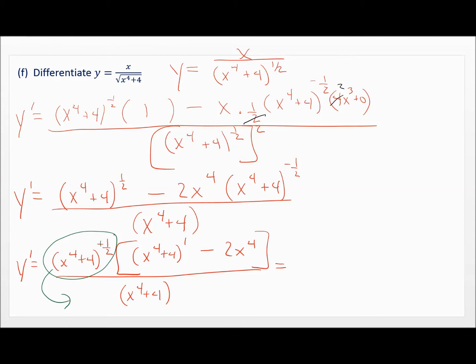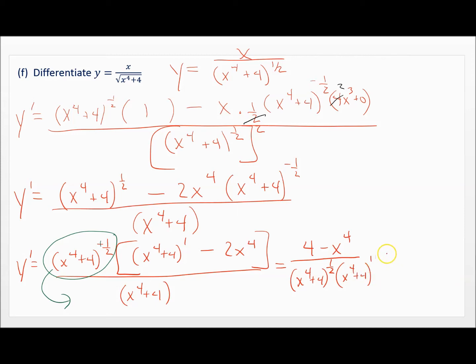Now in the numerator, check this out. I've got an x to the 4th minus a 2x to the 4th. So in the numerator, I have 4 minus x to the 4th. Do you agree? Because this 4 is still there. And then x to the 4th minus 2x to the 4th is minus 1x to the 4th. So that's that. And in the denominator, I have x to the 4th plus 4 now to the positive 1/2 times x to the 4th plus 4.